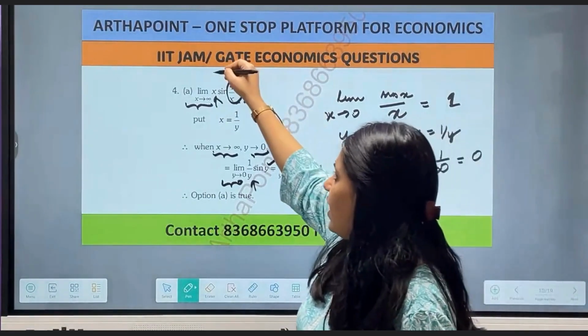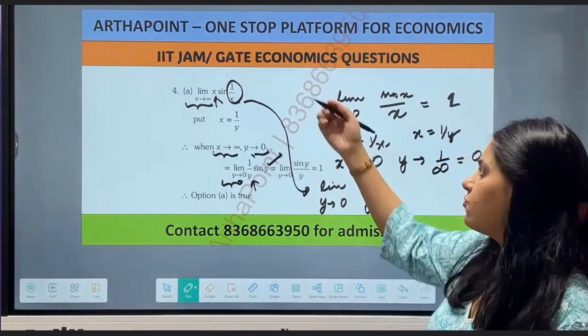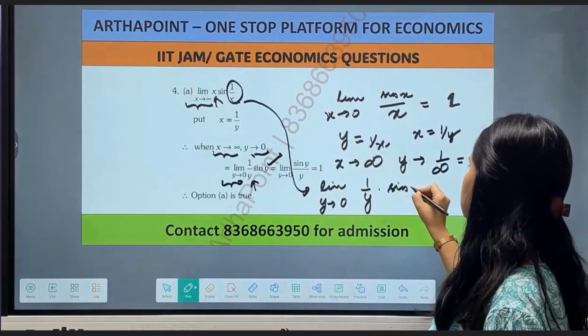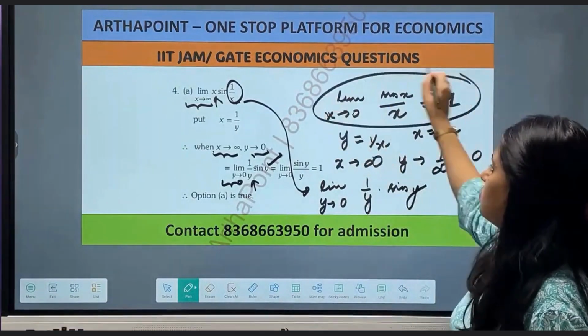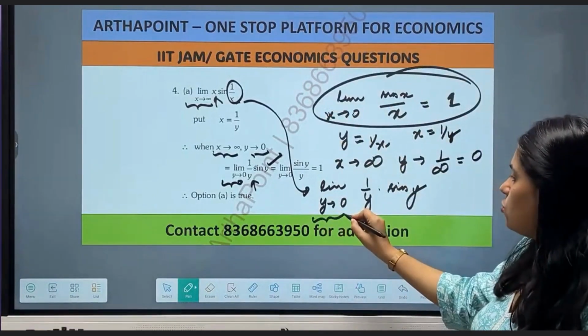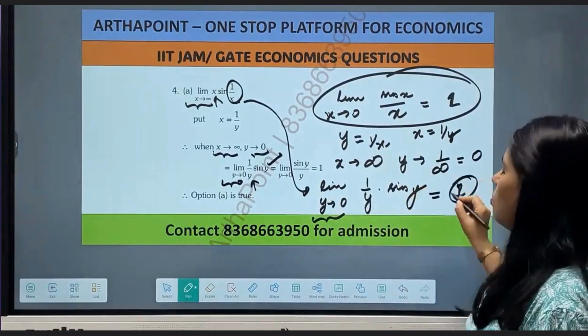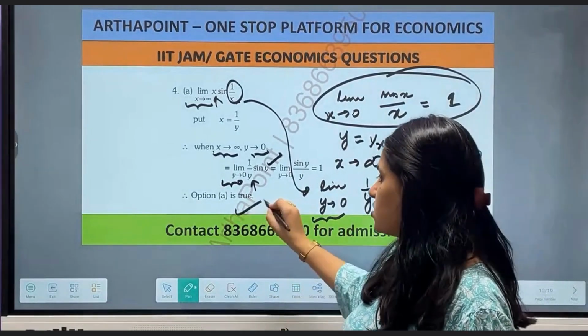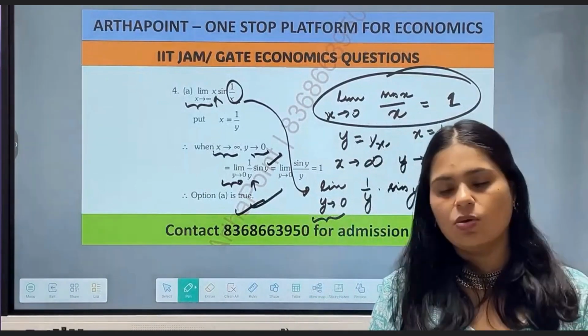So instead of x, I just write 1 by y, and instead of 1 by x, I just write y. Now I have got this form, that y is going towards 0 and this is sin y by y. So this should simply be 1. So the correct answer to this is 1.